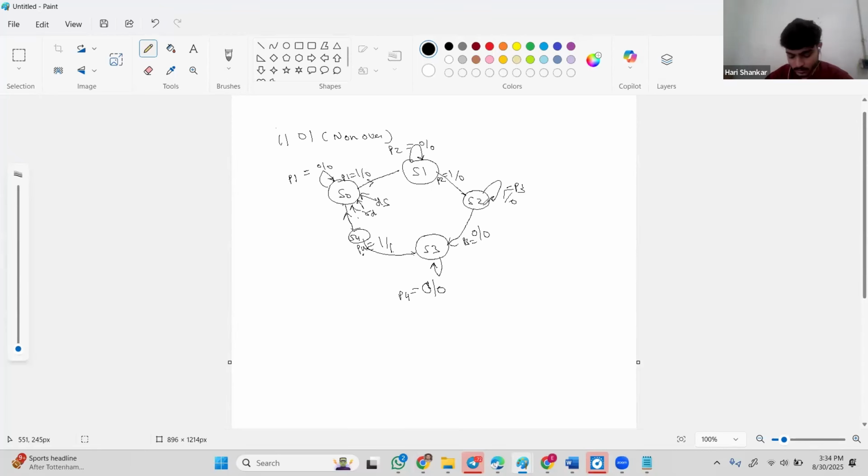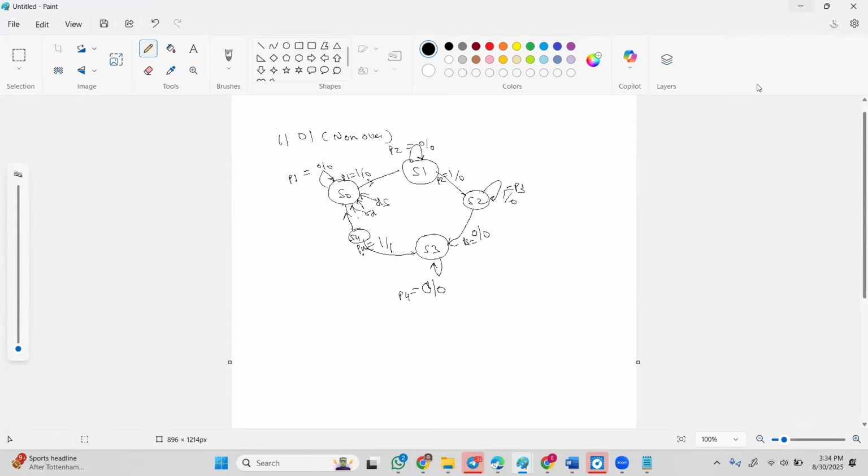Another 1, then it will go to another state S2. When a 0 comes, I gave this variable P3 at each stage so that we can go to the next state easily by if condition. And when P3 is 0, it will go to S3. For the next stage, we have to keep 1, then it will reach S4. And after S4, we can go to the idle state S0.